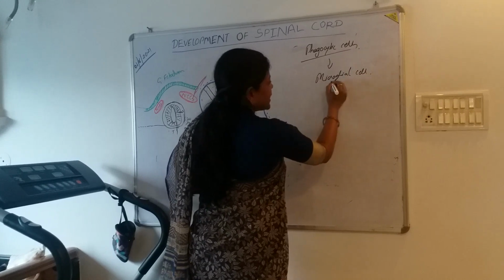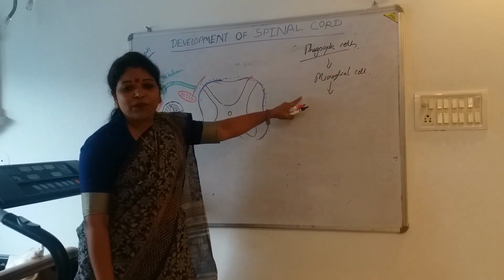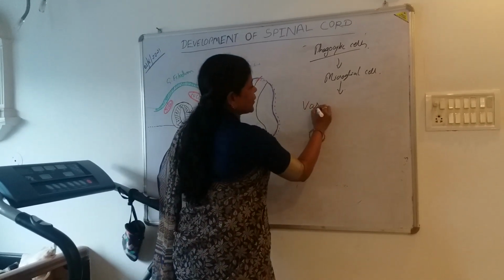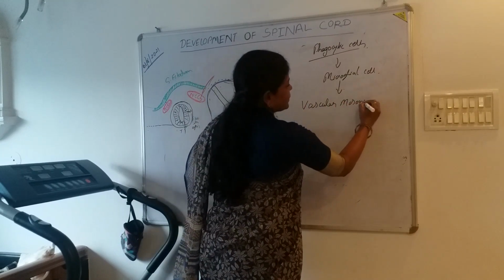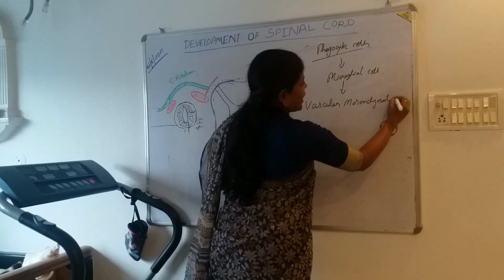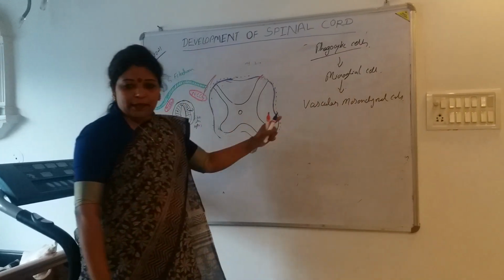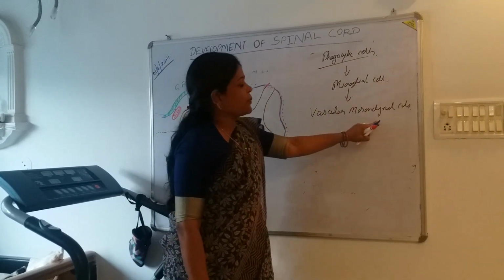These microglial cells, which part are they derived from? The vascular mesenchyme. So these microglia cells are derived from the vascular mesenchymal cells.